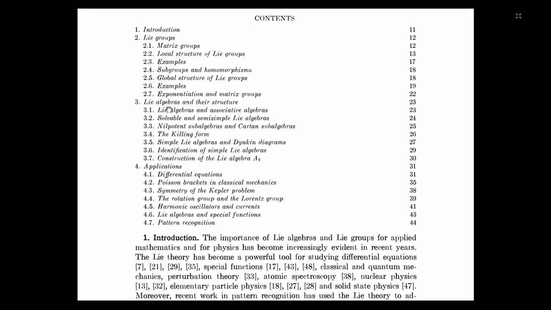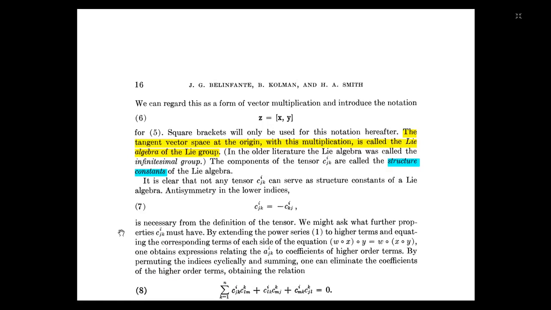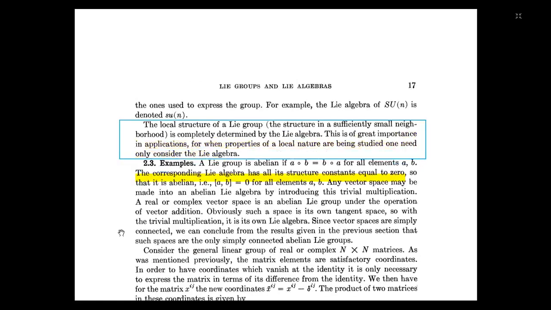So it's nice always to see more applications, and we have a good sense of what's going on with these abstract concepts. And I liked this part: the local structure of the Lie group is completely determined by the Lie algebra. This is of great importance in application. When local nature is being studied, we consider the Lie algebra.